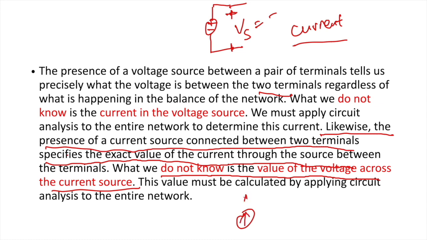So here is the current source. The current through it is known, a fixed value. But we do not know the voltage over the current source. We need to carry out circuit analysis to obtain it.